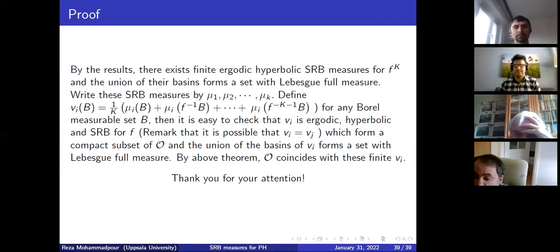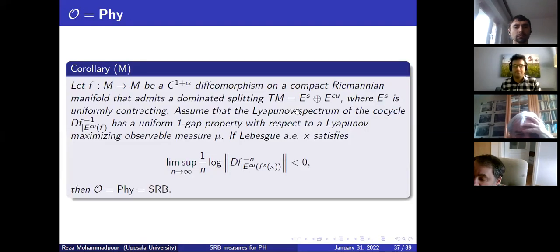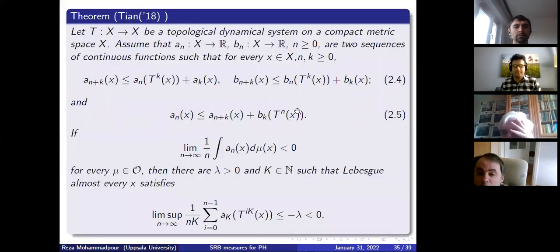Could you maybe show once again this Tian result? It was, I think, page 35 or around. Yes. What is the meaning of the assumption? We have the subadditive potential A, and some superadditive potential minus B. We have subadditivity of A and B, so it means minus B is superadditive.